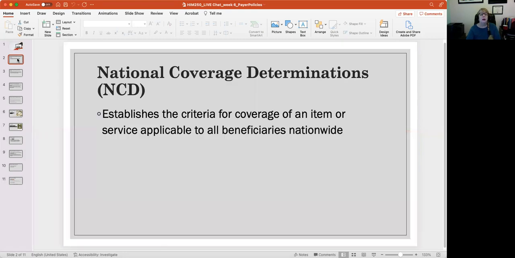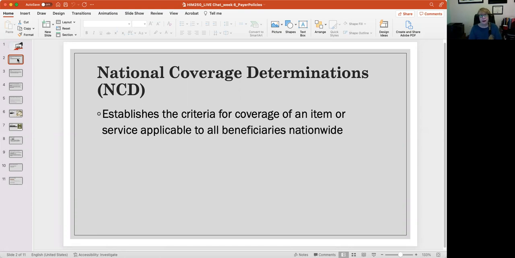All right, so let's talk about national coverage determinations, also known as NCD, all right? These are policies that cover the entire United States, all beneficiaries in all states. This is covered or this is not covered.